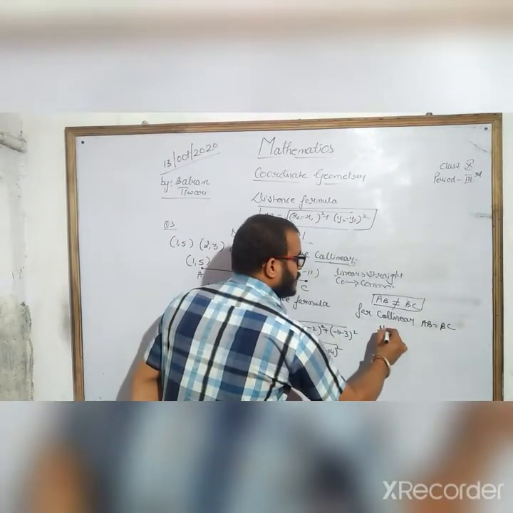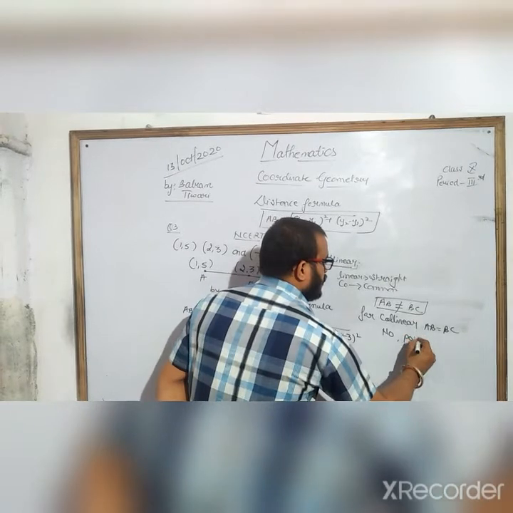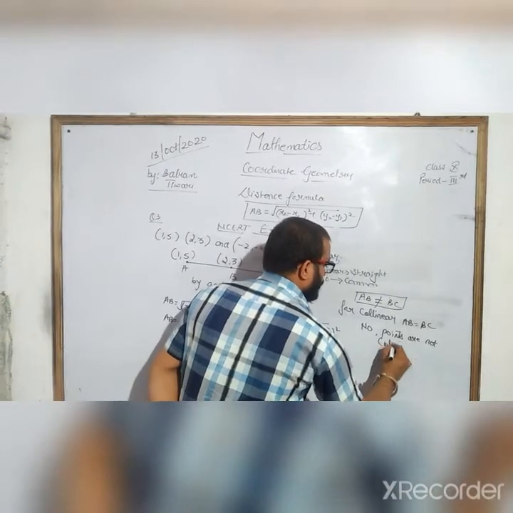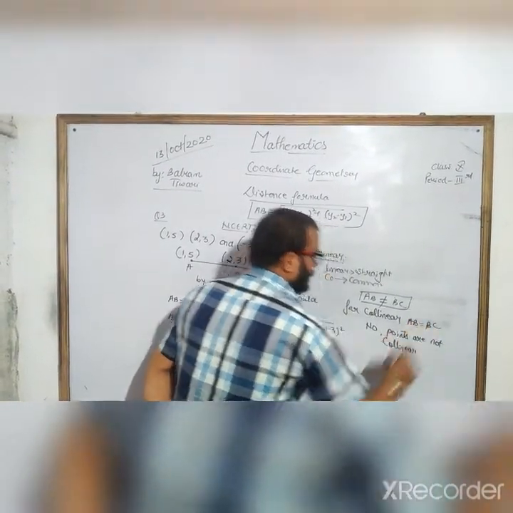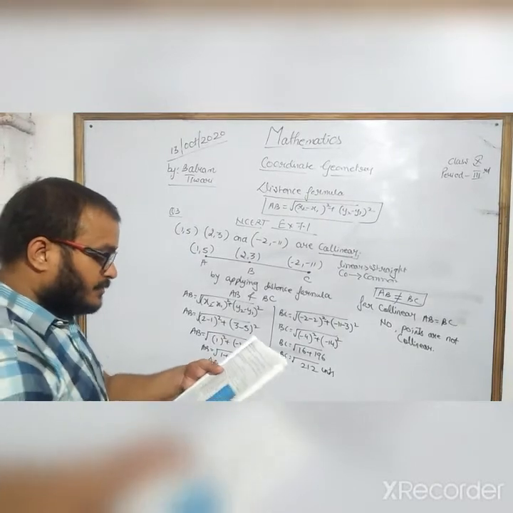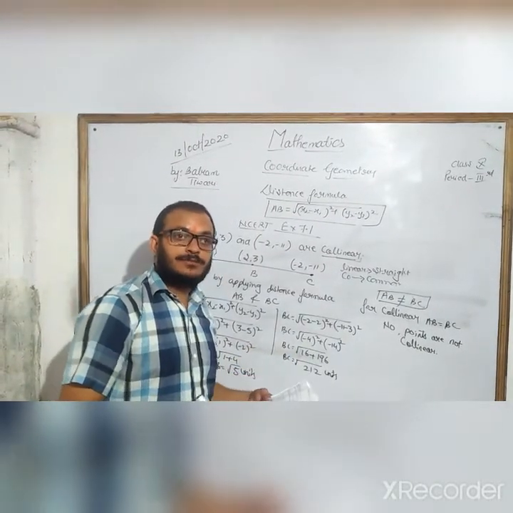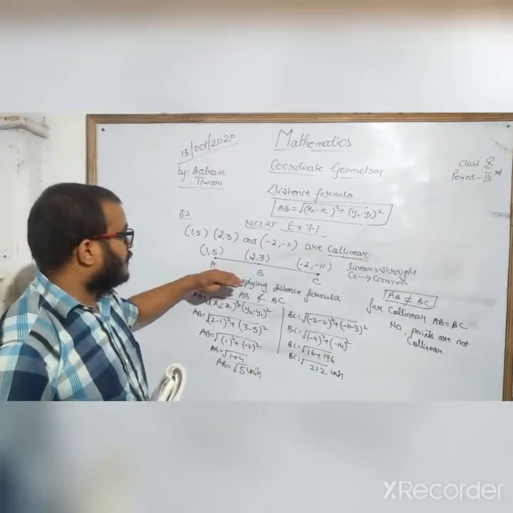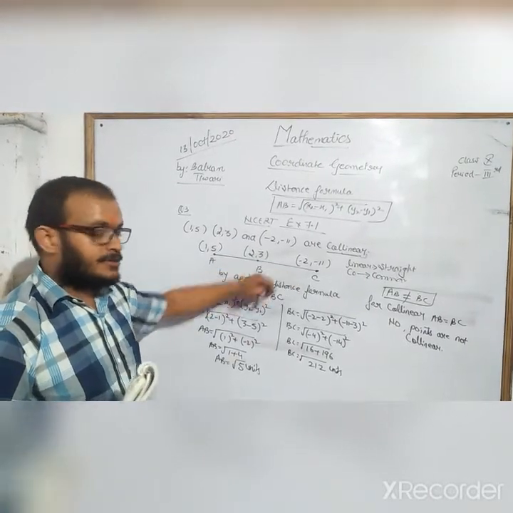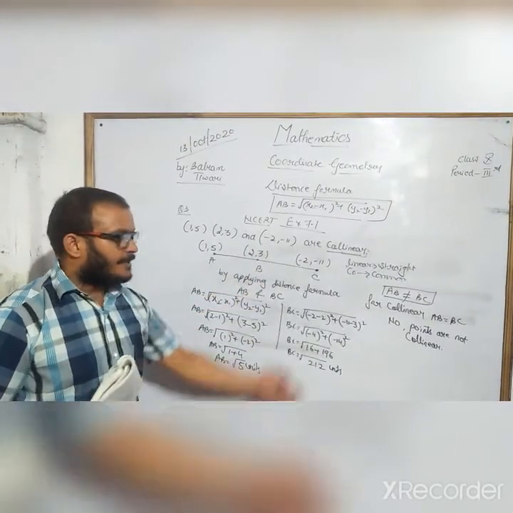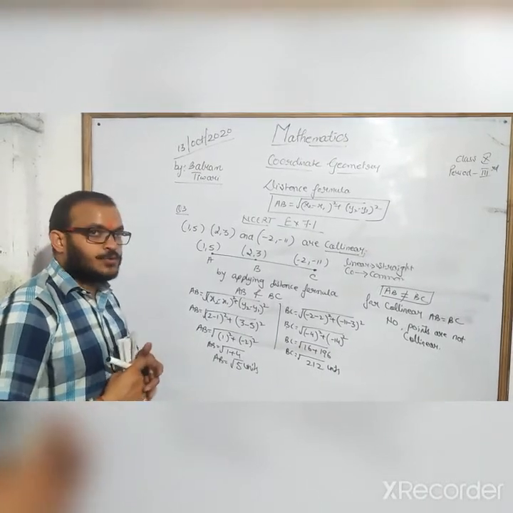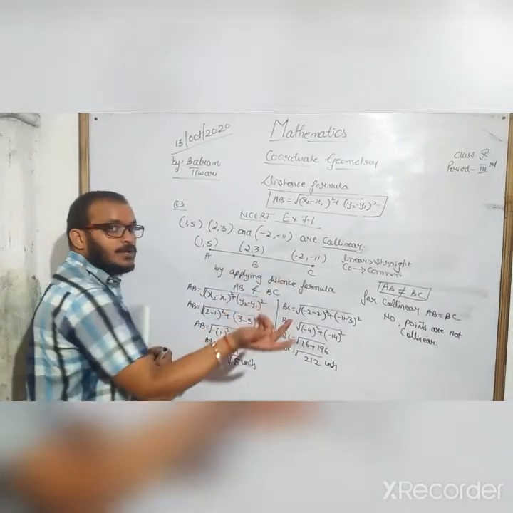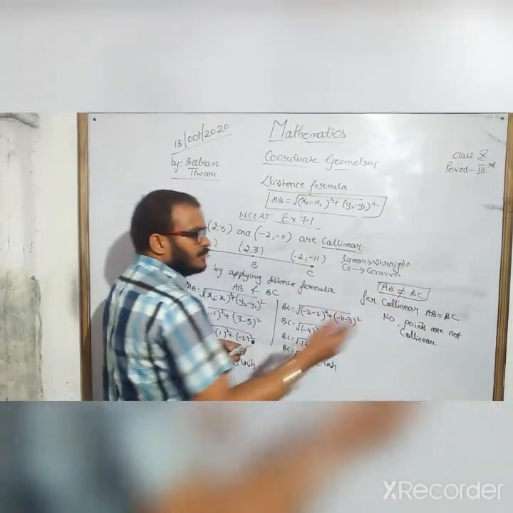Hence the answer is no, the points are not collinear. Any doubt? Look at this question, please. In this question we have to find whether the points are collinear or not. Simply, I have just applied the distance formula and found the distance of these two points. By this way, the distances are not equal, hence the points are not collinear.